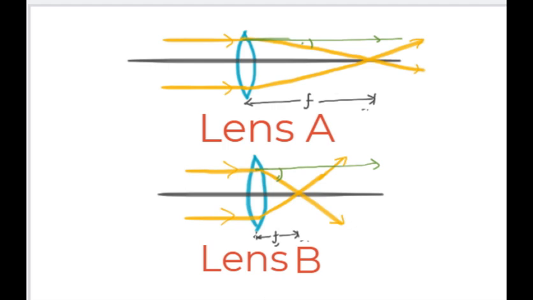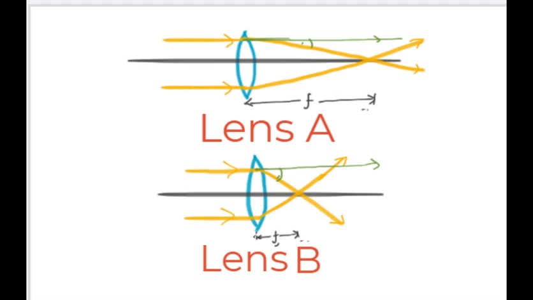Your lens A has small power, so it bends the light a little, whereas lens B has more power, so it bends the light more as compared to lens A. Lens A has less power, so less bending. Lens B has more power, so more bending.